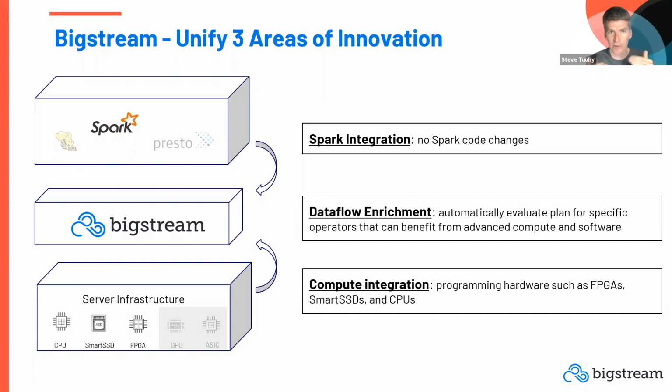Then the bottom piece is the third category, which is the programming of the FPGA, the SmartSSD, even that C++ native language that we bring in for software-driven acceleration. So this is where we focus on integrating them for seamless access to the hardware acceleration.